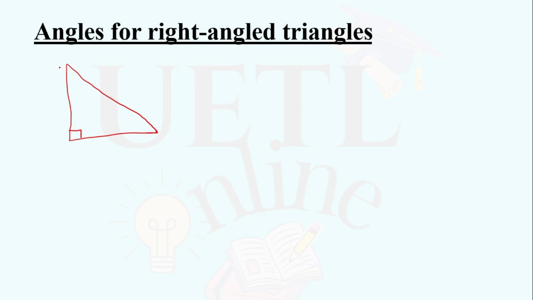Let's say this side is A, this is B, and this is C. I'm going to name these sides. Let's say this is our angle, and in this case, let's say it's theta.